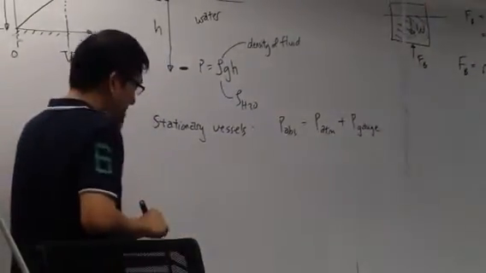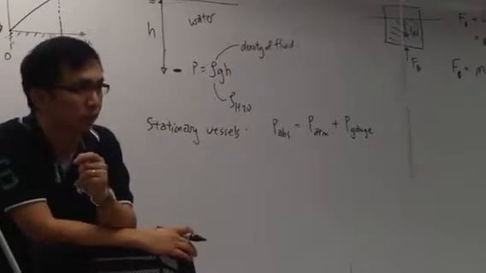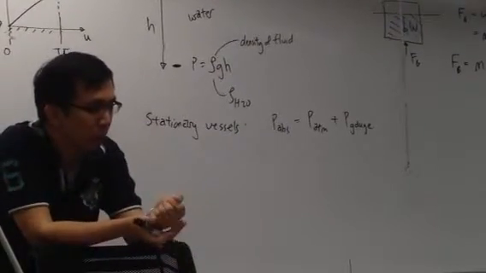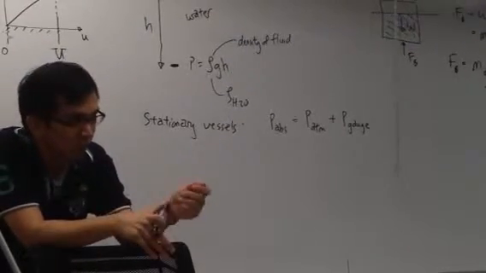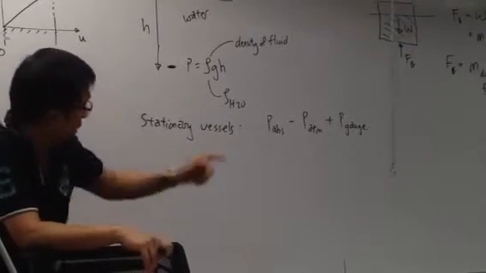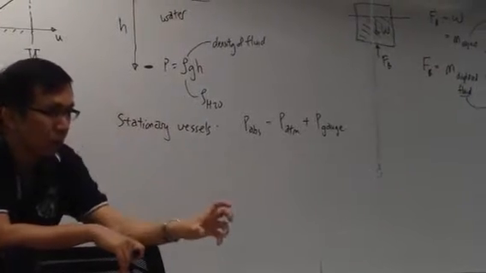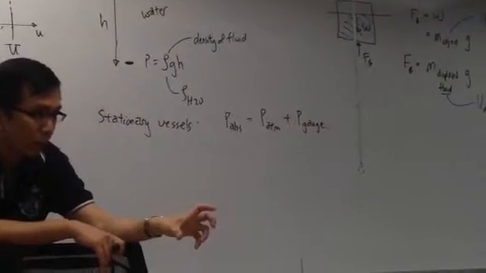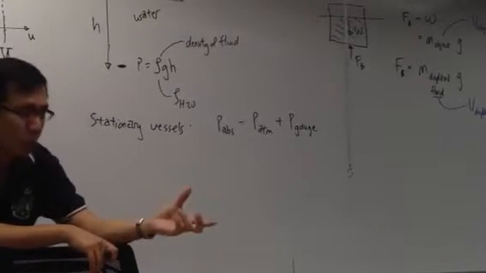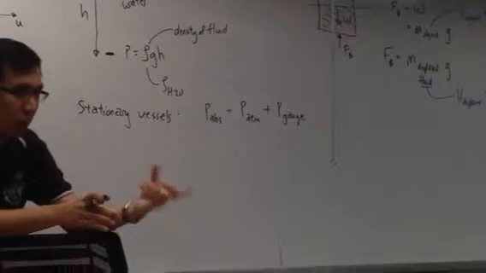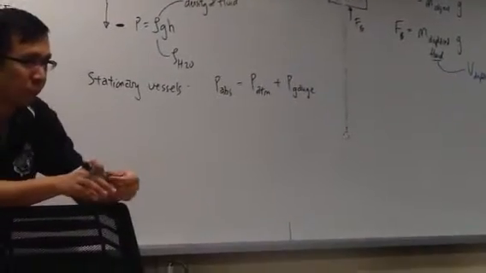The example I gave you was the car tire. When you pump your tire in the petrol kiosk, the number that you enter is the gauge pressure inside the tire, but it does not include the atmospheric pressure. So the actual total pressure inside the tire is the gauge plus the atmospheric pressure.